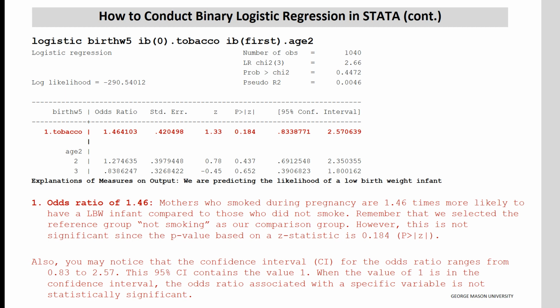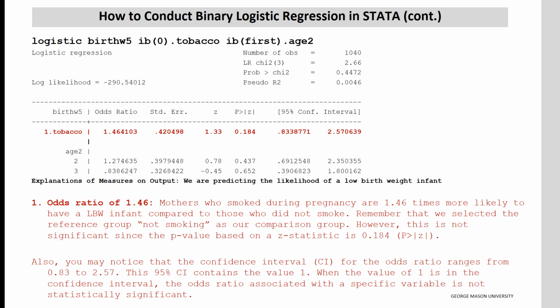Typically, we do not interpret findings that are not statistically significant. However, in this example, we will go ahead and interpret the findings just to demonstrate how you interpret findings related to logistic regression. Now, recall that we asked STATA not to show the regular regression coefficients, but instead we asked for odds ratios.